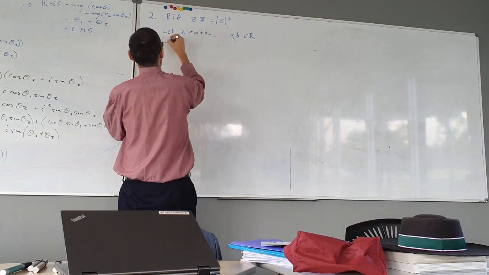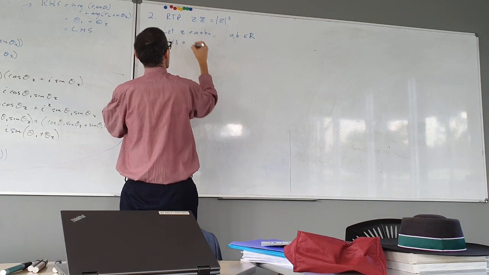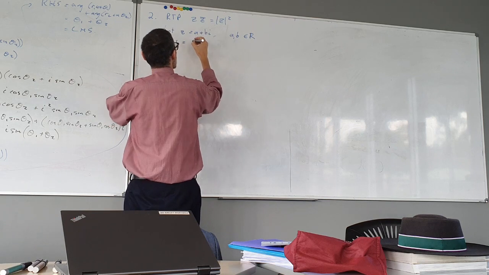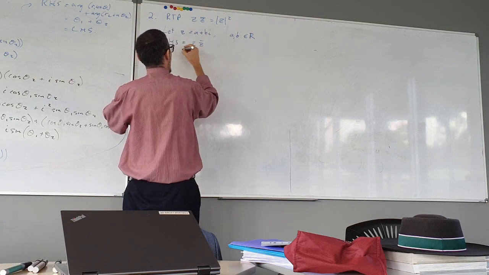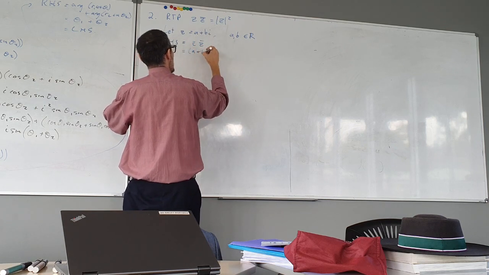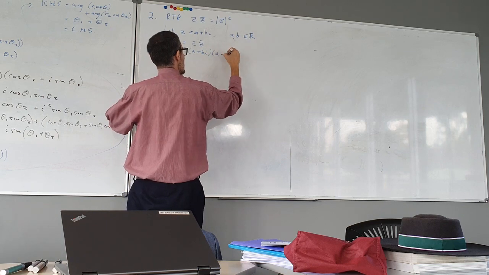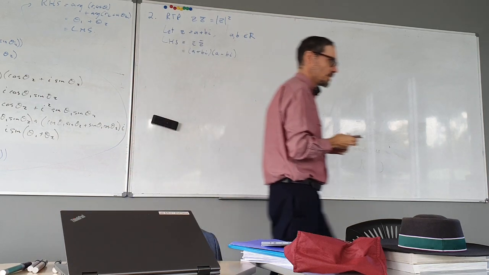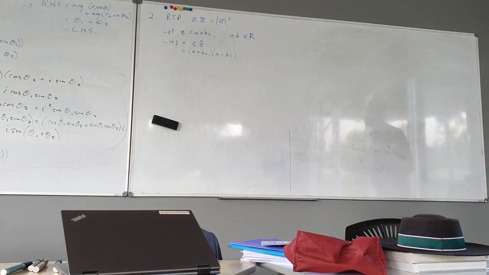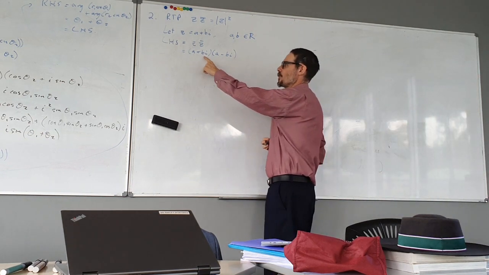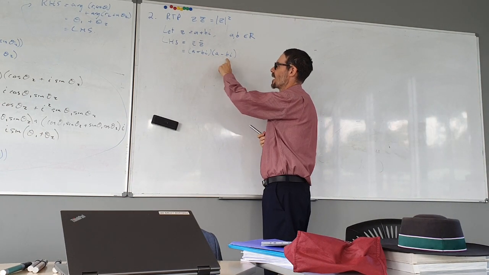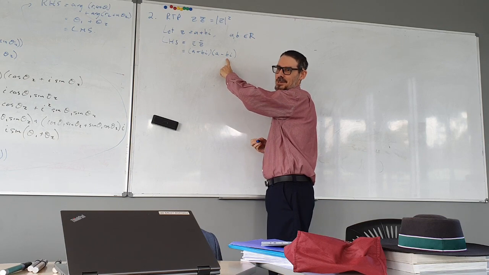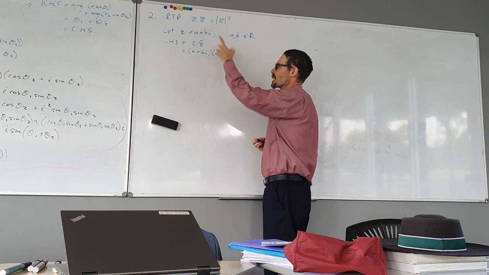Okay, the left-hand side is Z times Z bar, which is a plus bi times a minus bi. So here again, if b wasn't real, I couldn't say this was necessarily the conjugate, because there'd be some other complex bits in other places.